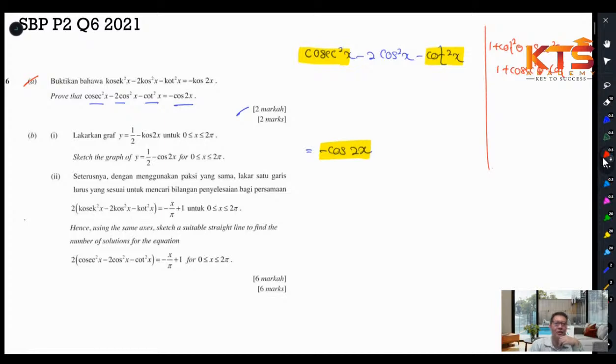What's the formula? 1 plus cotangent is cosecant. I feel sleepy already, so the formula is also a little bit weak already. Formula also forgot already.